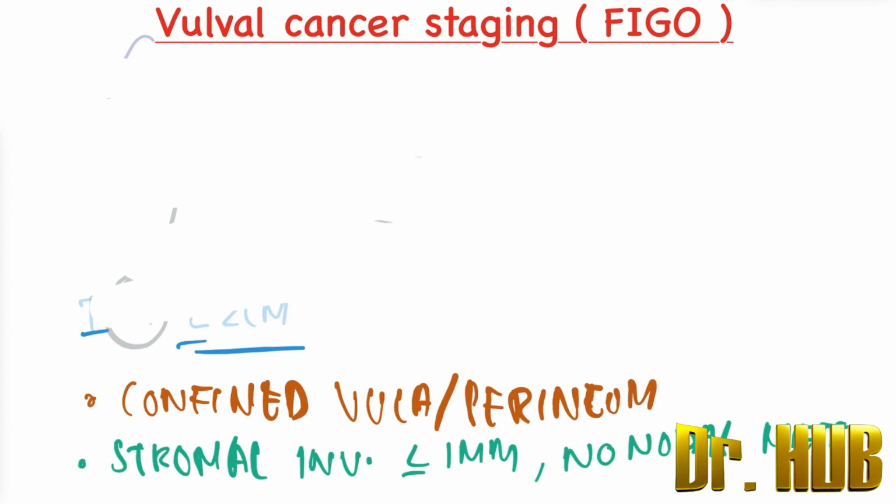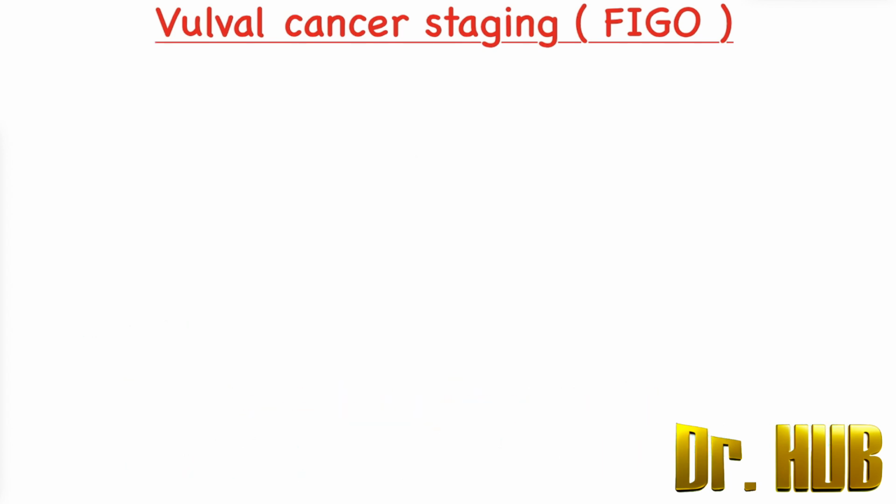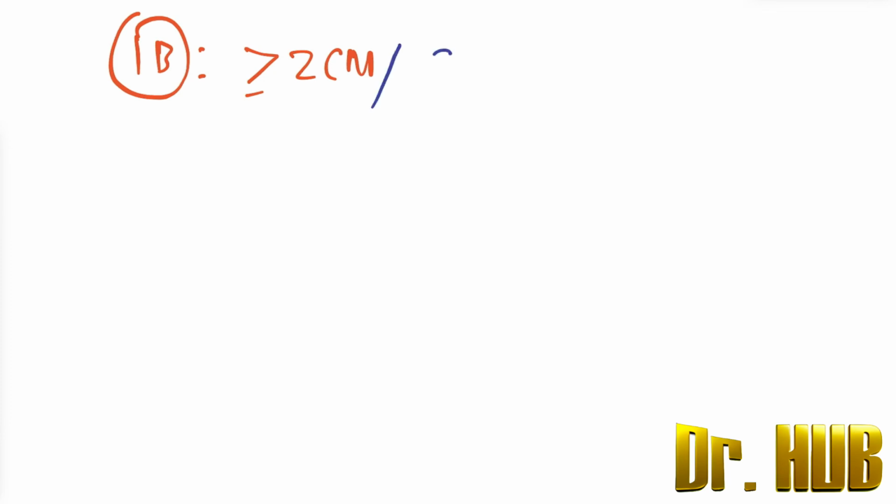Now let's compare it with 1B and check the difference. In 1A, the lesion was less than 2 cm in size. Here it is going to be lesions greater than 2 cm in size, with a stromal invasion greater than 1 mm. In 1A everything was less, stromal invasion was less than 1 mm.